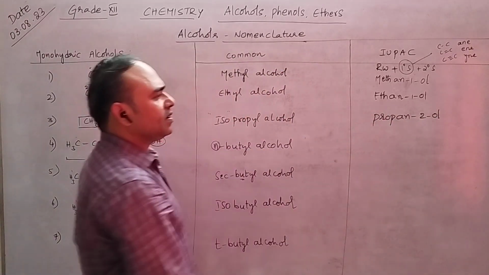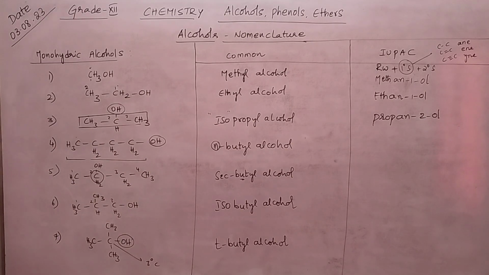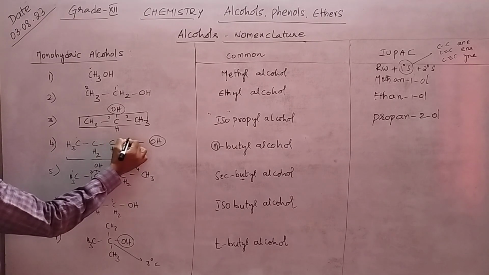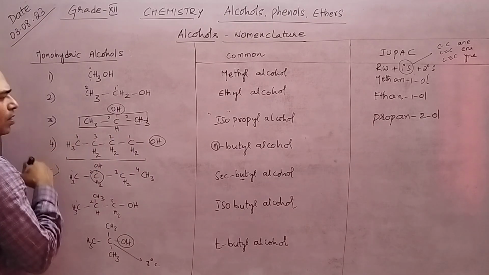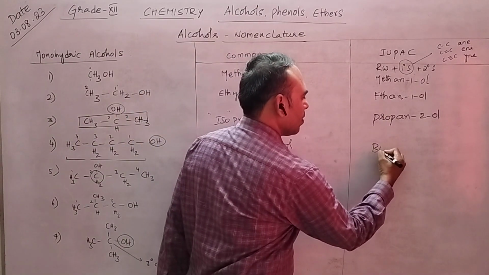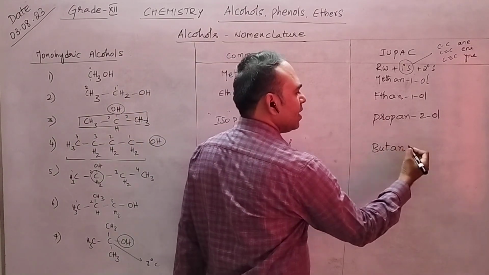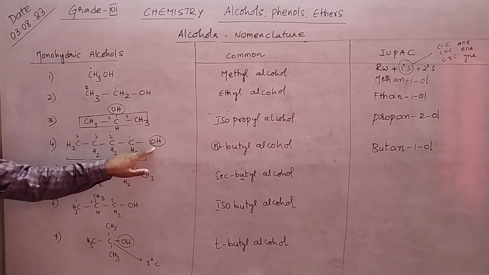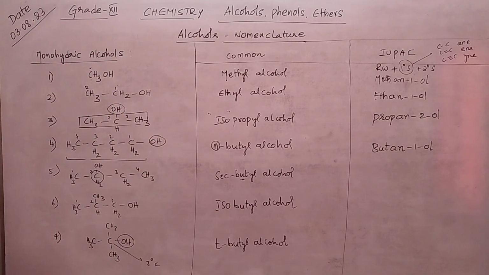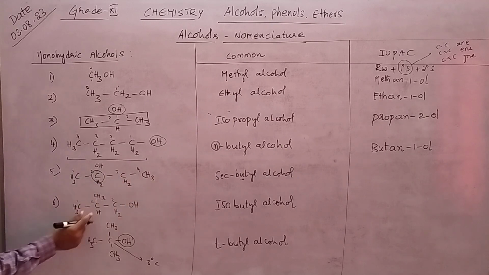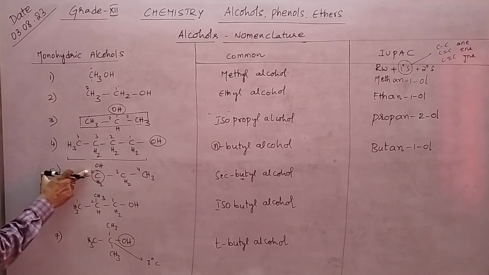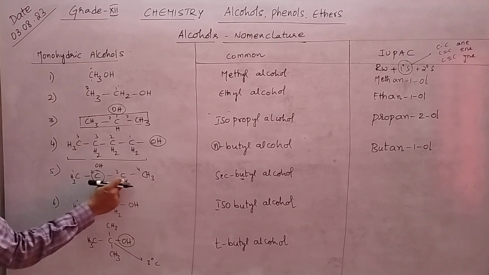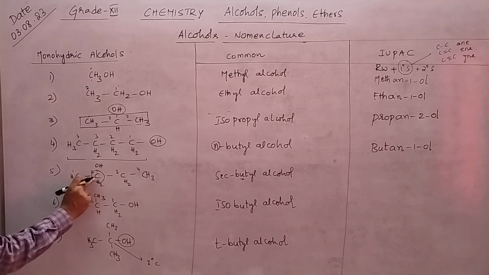As alcohol is at second position, we have written 2-ol. Coming to this 4 carbons, the root word is but, primary suffix ane, and at first position you have OH, therefore butane-1-ol. Now numbering is given from this direction because OH should get the least number. If you give from this direction, it gets 3, and from here it gets 2.